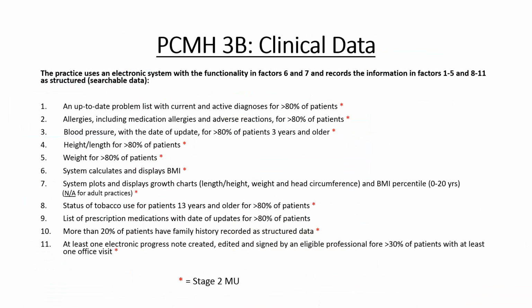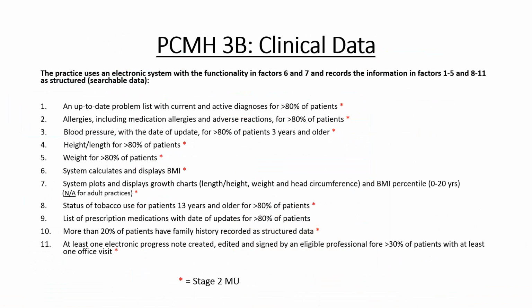So you can see there, again, the thresholds and the different things that they're looking for in the patient's record: up-to-date problem list for more than 80%, allergies for more than 80%, blood pressure, height and length, weight. Again, as they mentioned, 6 and 7 are the functionality that the system can calculate and display BMI, and also plot and display the growth charts.